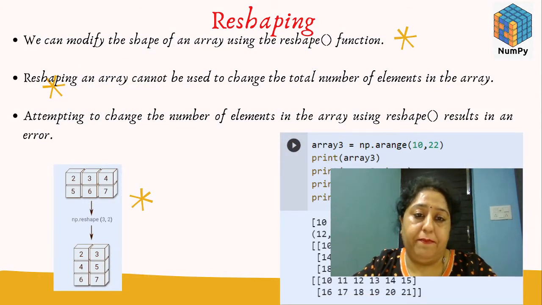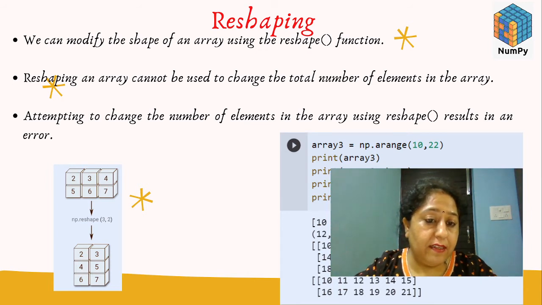Next is reshaping, where you can modify the shape of the array by using the reshape function. Just remember one thing, reshaping cannot be used to change the total number of elements in an array. If you do that, it would result in an error.